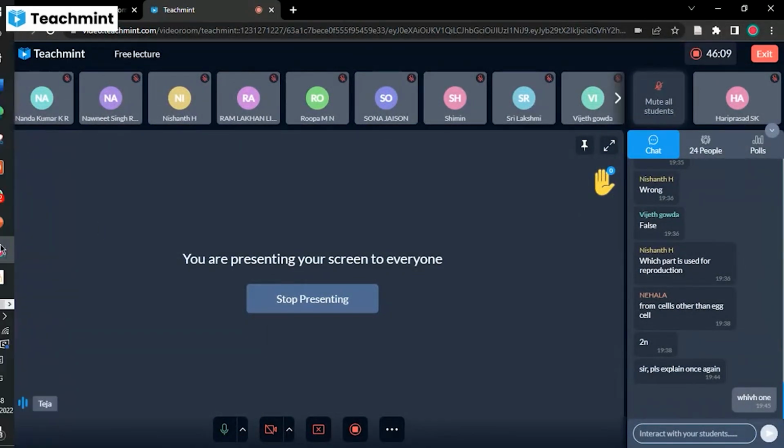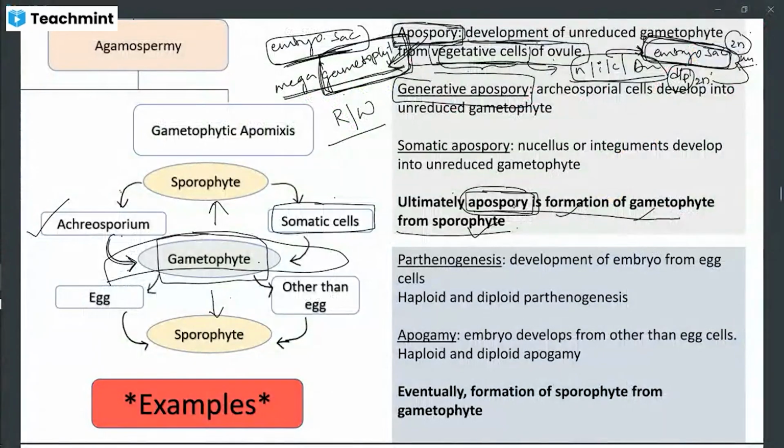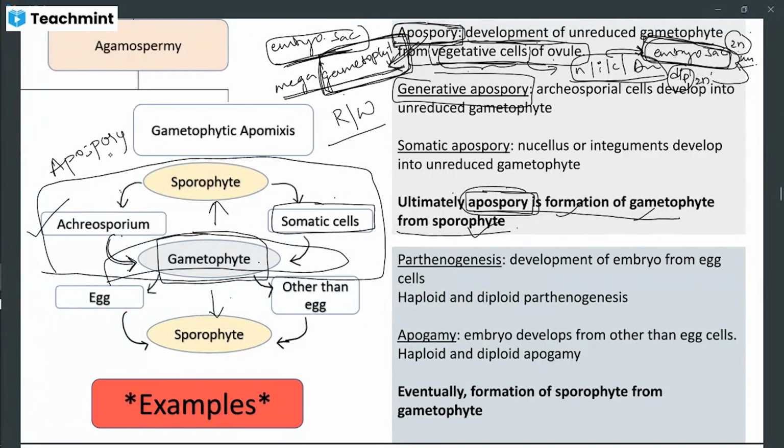Clear, right? Apospory is only up to the formation of the gametophyte.